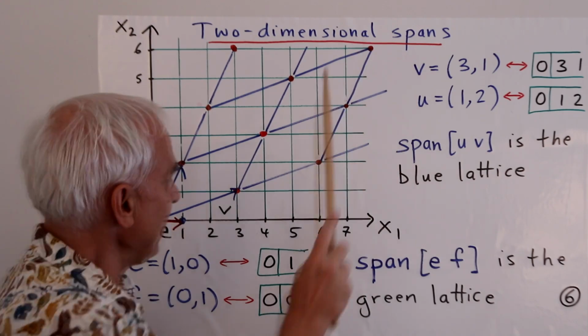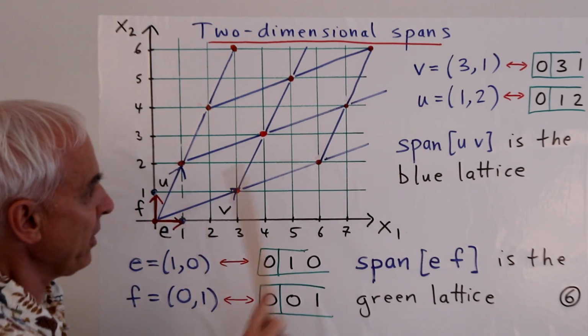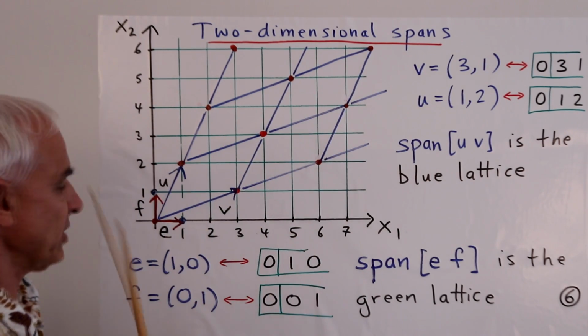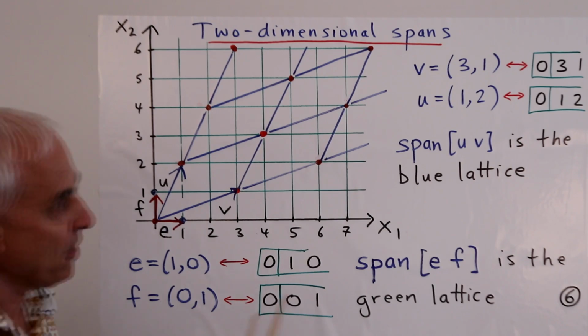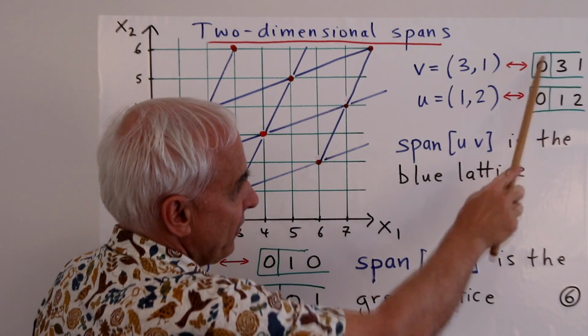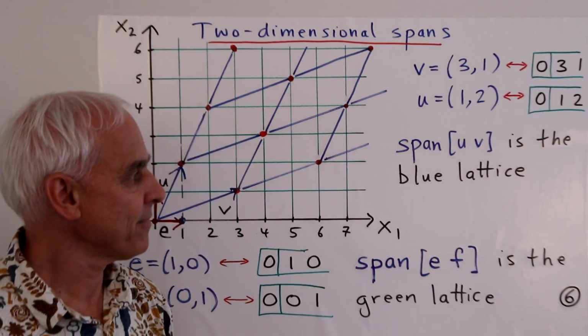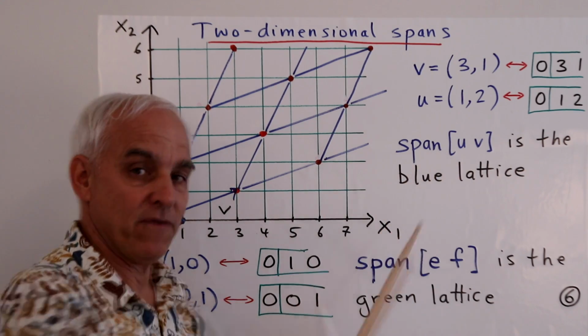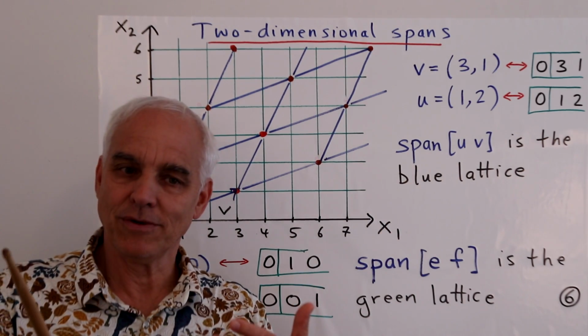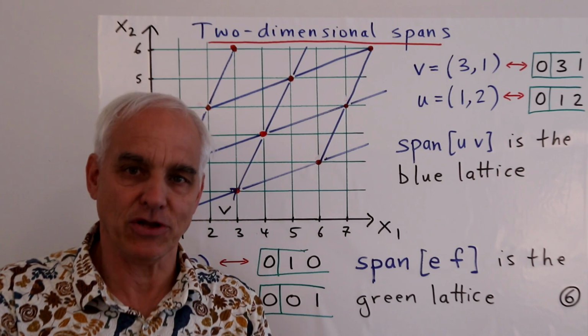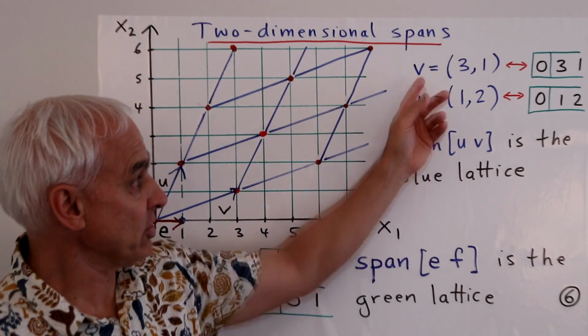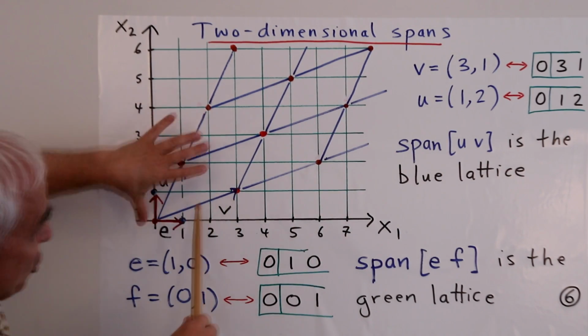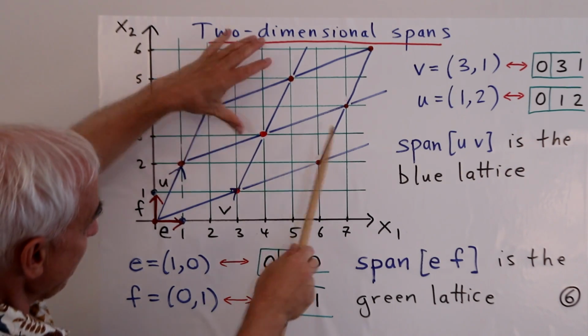More interesting, perhaps, is if we choose some more random vectors. So let's consider V equals 3, 1, which is that vector there, and U, which is 1, 2, which is that vector there. In our freeze notation, this would be written this way, and this would be written this way. Now, span of U, V, which refers to positive linear combinations of U and V, has a nice geometrical shape like this.